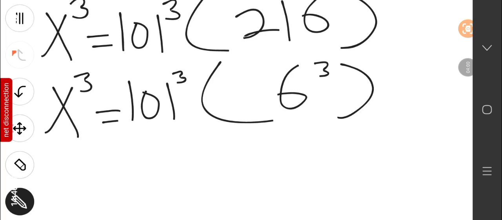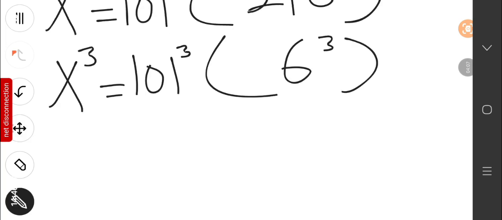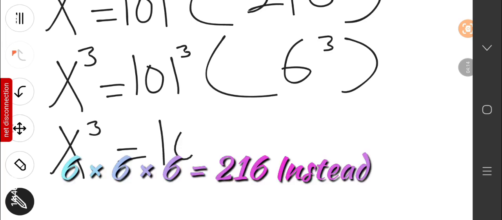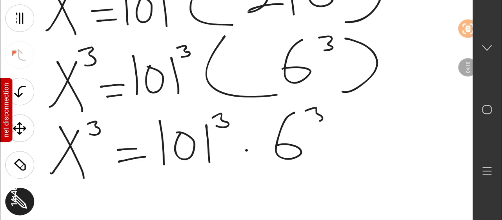So 6 times 6 is 36, and 36 times 6 is 216. All right, so you're going to have s cubed, now this part is the same as 101 exponent 3 times 6 exponent 3.